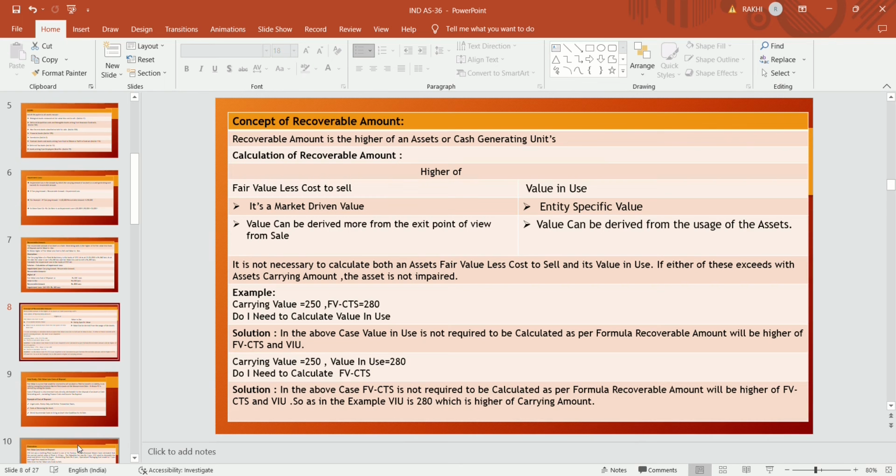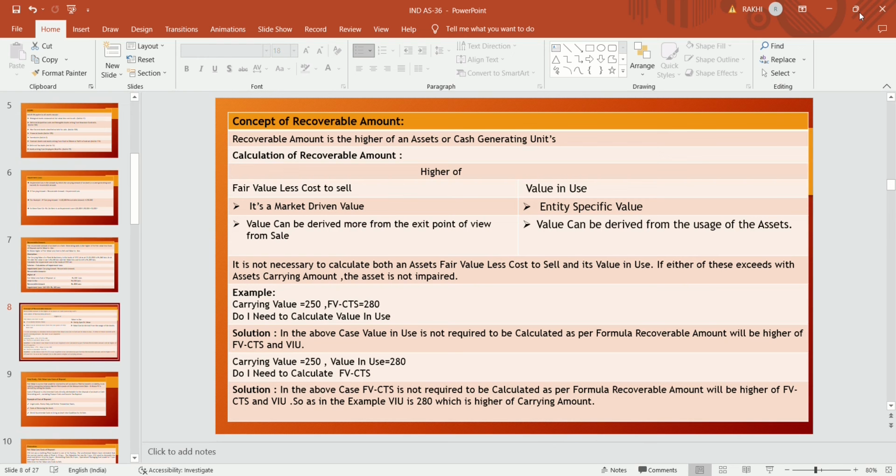Value in use is derived more from the entity-specific value, because it depends on how much the asset is to be used and what cash flow is generated from the usage of that asset. Value in use depends on the usage of that asset, and fair value less cost to sell depends on the disposal of the asset.